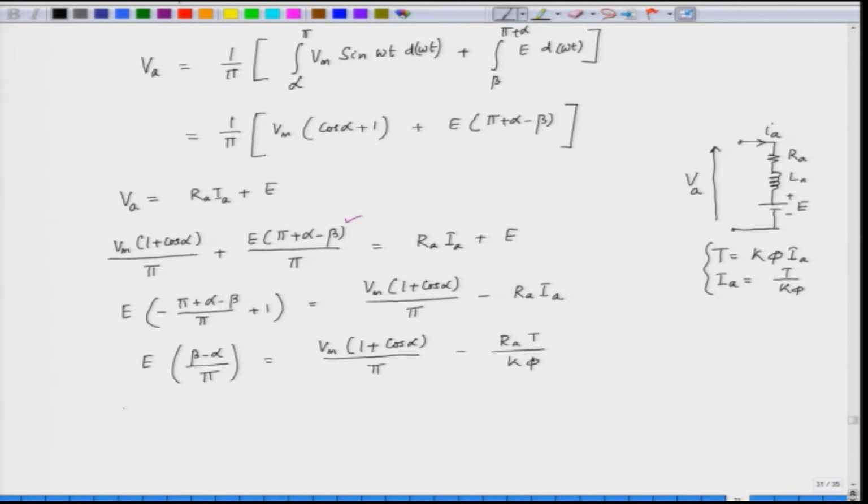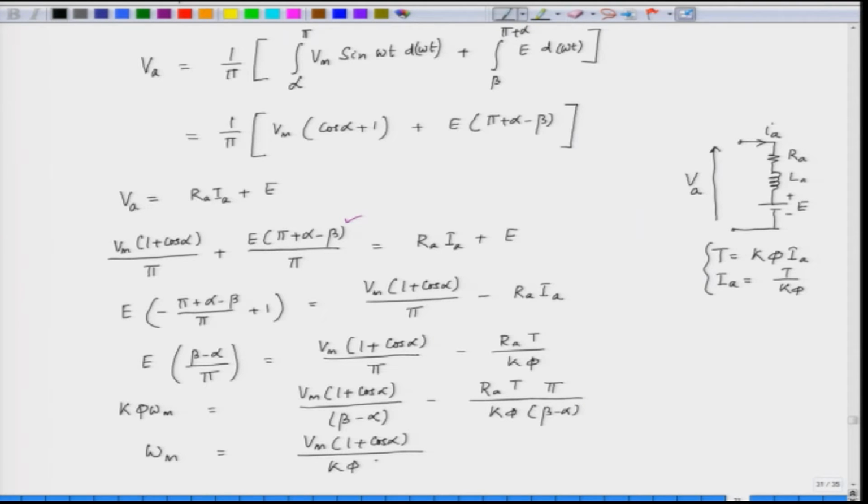So, the back EMF is K phi omega m, that is equal to V m into 1 plus cos alpha by beta minus alpha minus R A T by K phi into beta minus alpha, pi is in the numerator, or we can say that omega m is equal to V m into 1 plus cos alpha by K phi into beta minus alpha, minus R A T pi by K phi whole square into beta minus alpha.